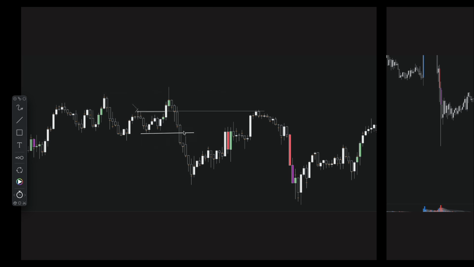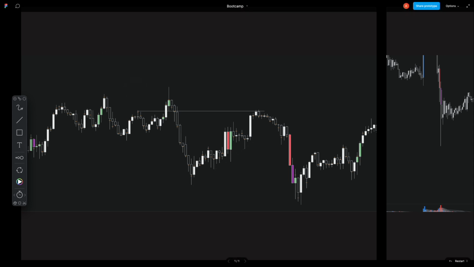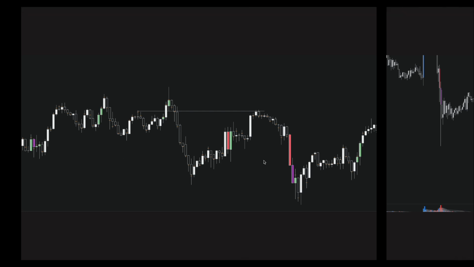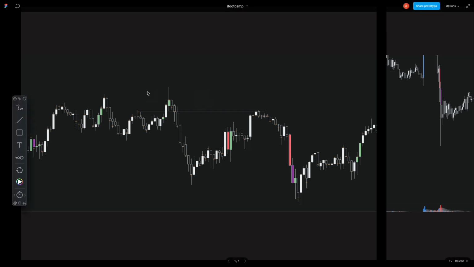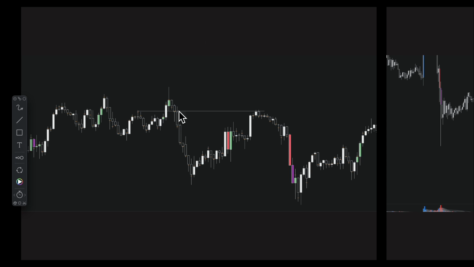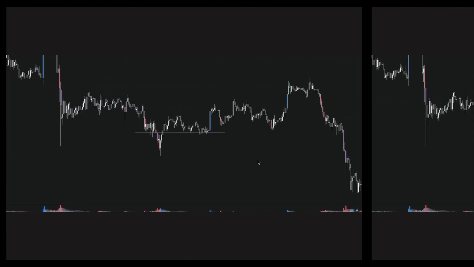You broke the market structure to the downside. You have a compression back to the level. So this is as perfect as it can be, basically. You have all these things lining up for you. It's not always going to be like this, so don't get too used to it, but this piece of market structure is really as clean as it can be.